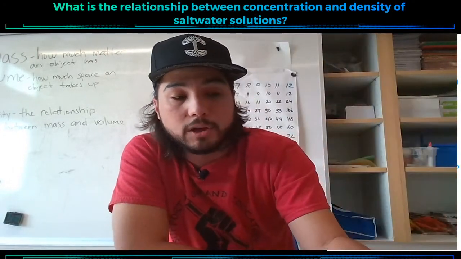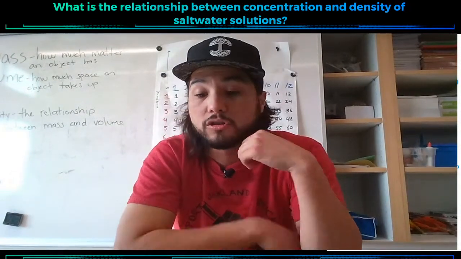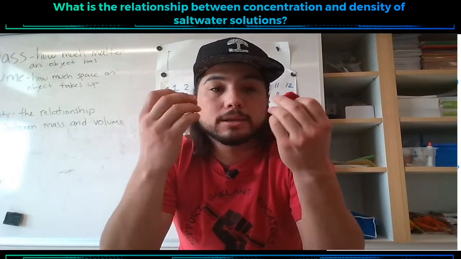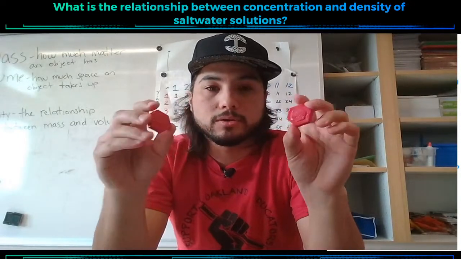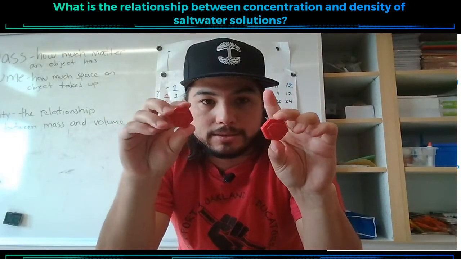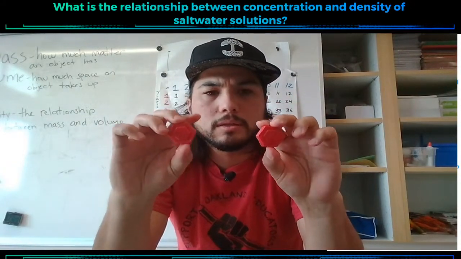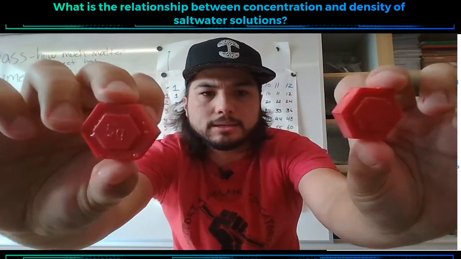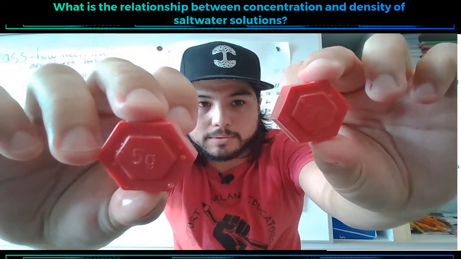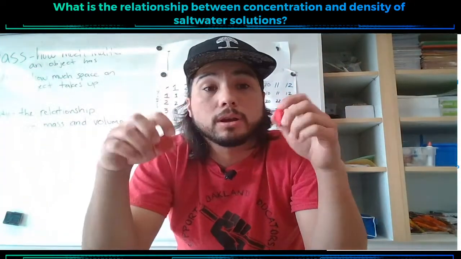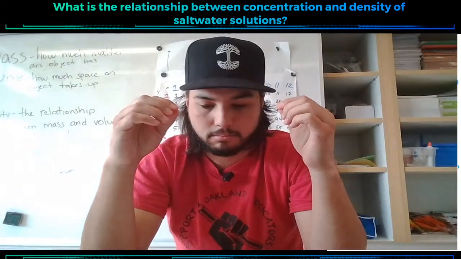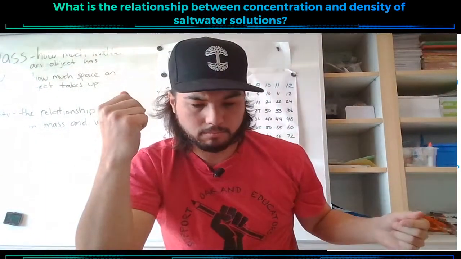Both units of measure for volume. And the other one is mass, right? We've been using these little mass cubies, or I guess they're hexagons, aren't they? We've been using these mass pieces. These are 5 grams each. Grams is our unit of measurement for mass. They're slippery.